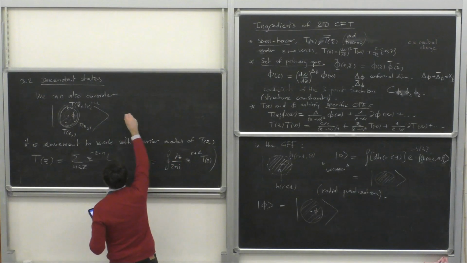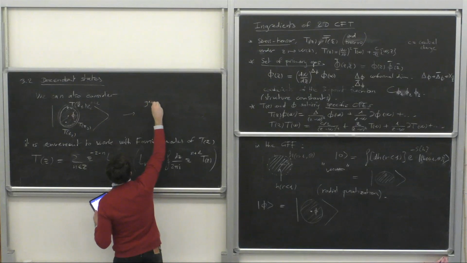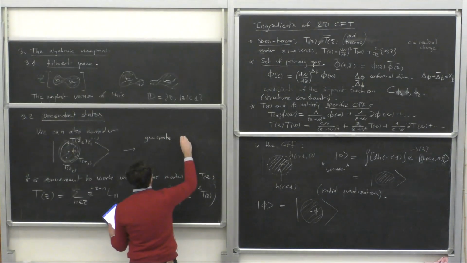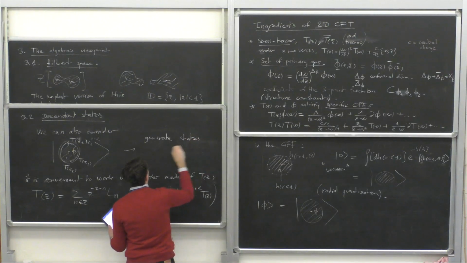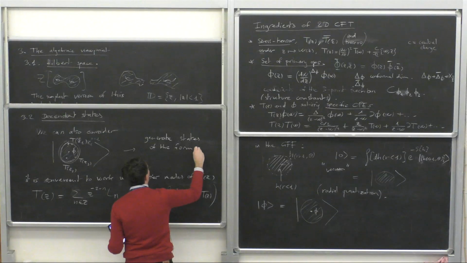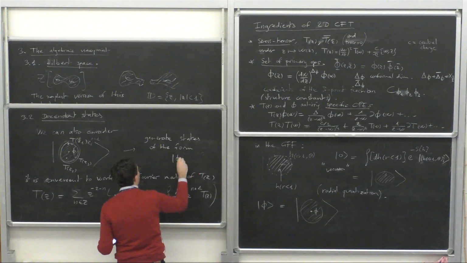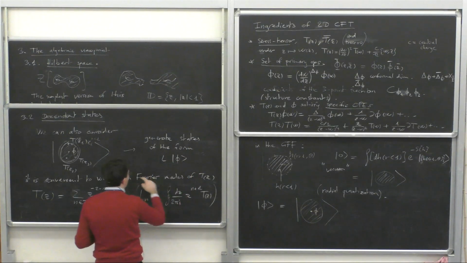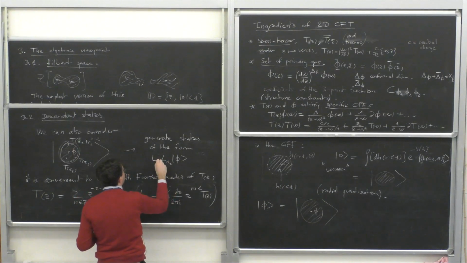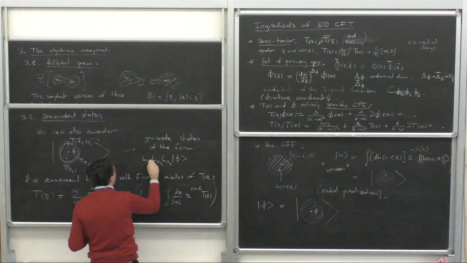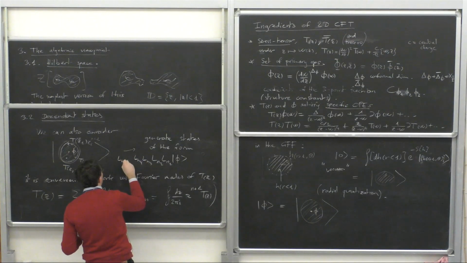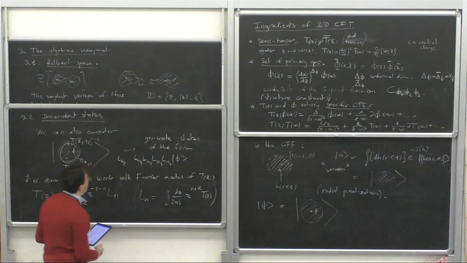So if I do things like this, I would generate states of my primary field, and then I can insert more and more modes of the stress tensor, so I would get states of this form: Ln1, Ln2, Ln3, Ln4, and so on to Lnp.